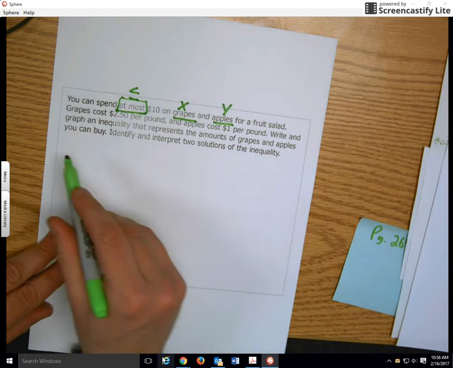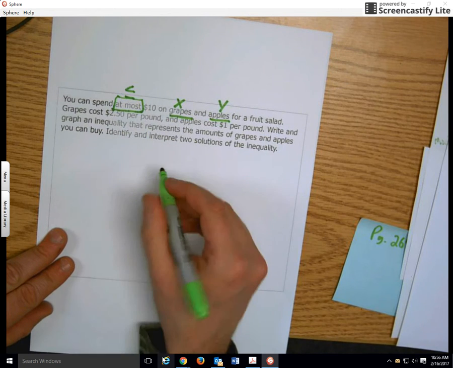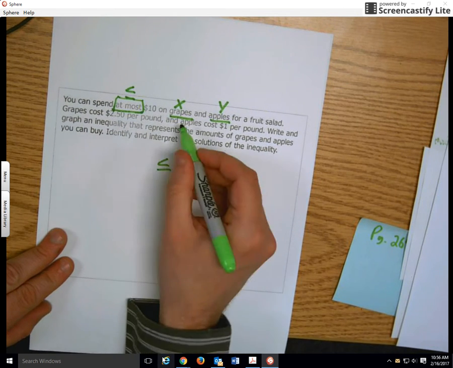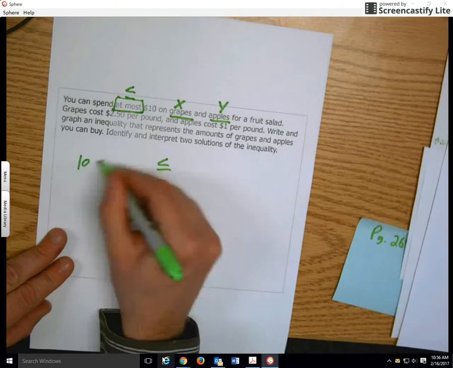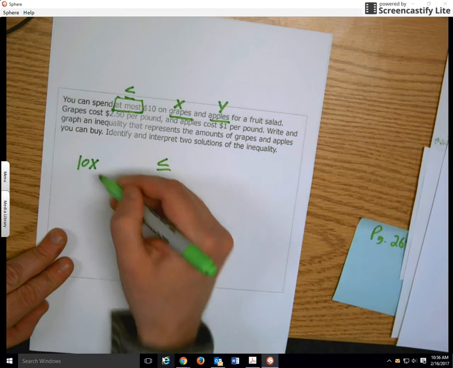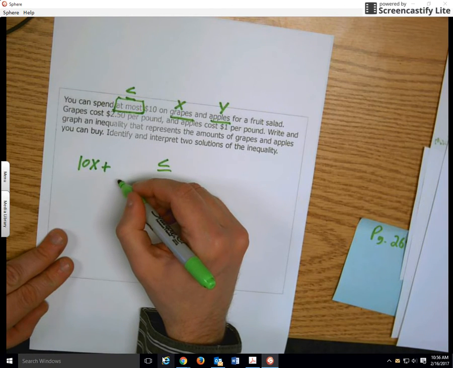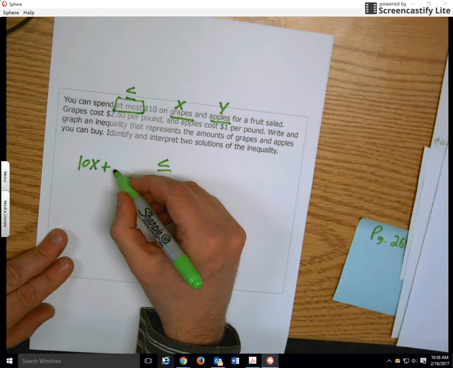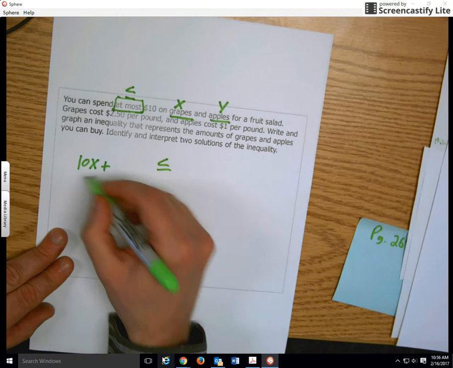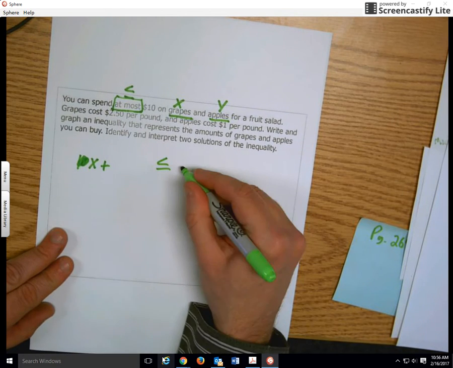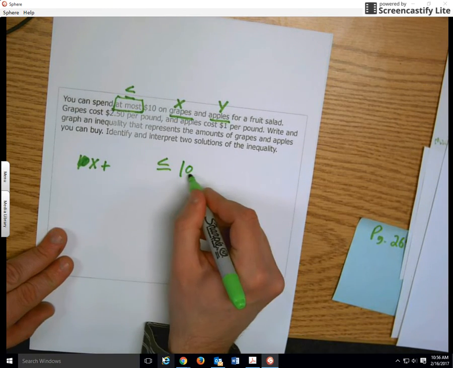So let's go ahead and work this out. You can spend at most, we know we have is less than or equal to, $10. I did that wrong. You can spend at most $10. So at most would be the $10 at the end here.